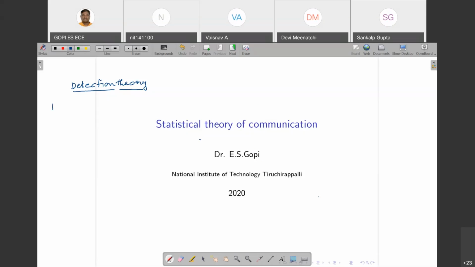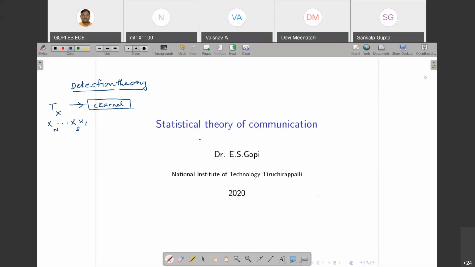You have a transmitter and you are transmitting the samples like x1, x2, like this, xn, through the channel. So this is the channel here, right?